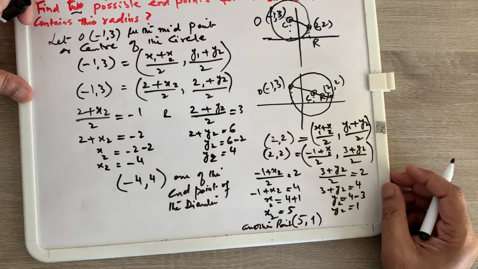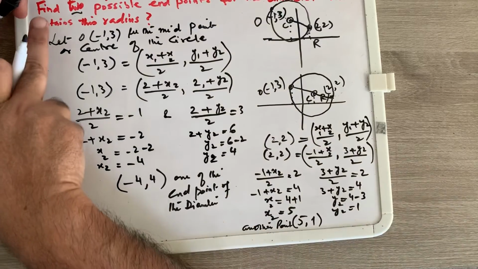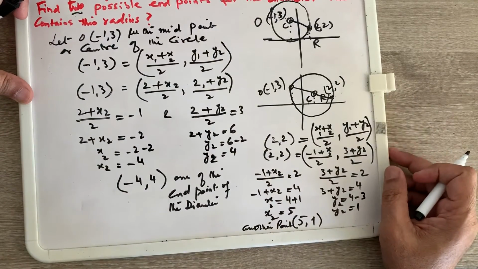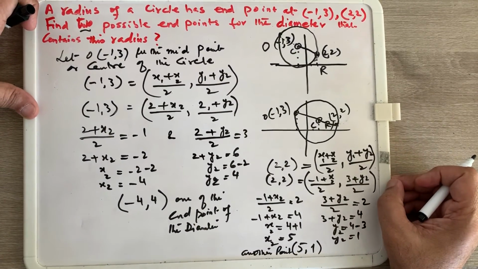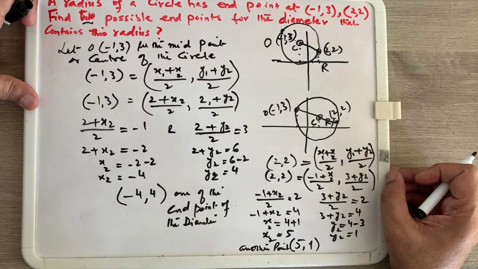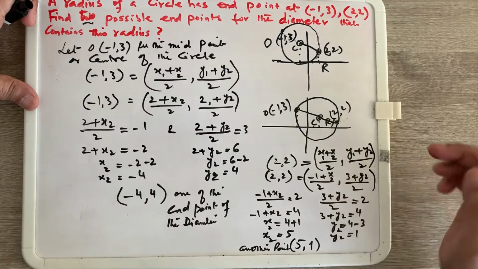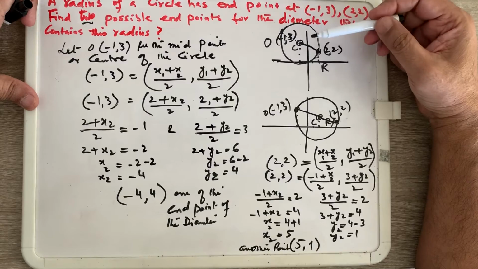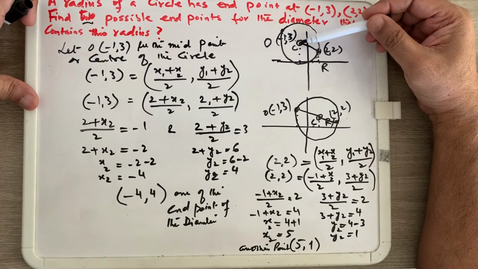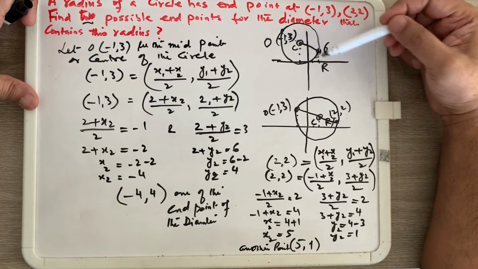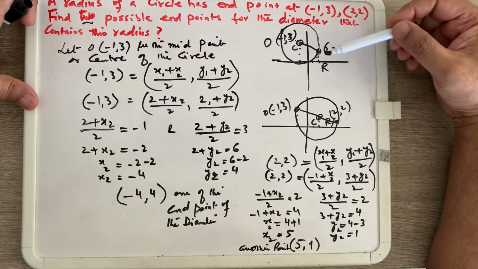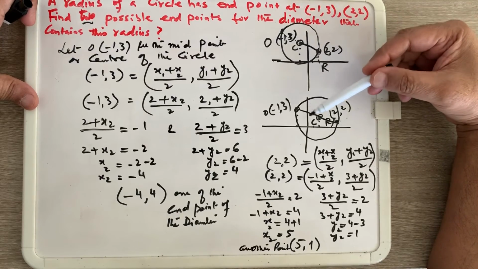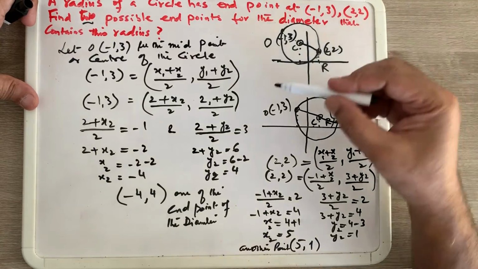So I have two possible answers, because he says find two possible endpoints for the diameter that contains this radius. So we have explained here that one time we have to assume this O as the midpoint, and the second time we have to assume this R as the midpoint. Therefore I have two solutions.